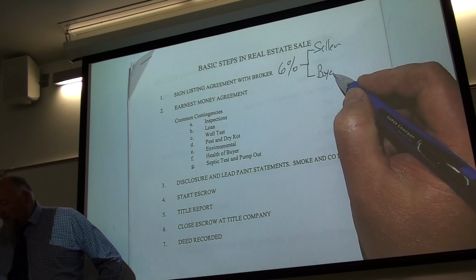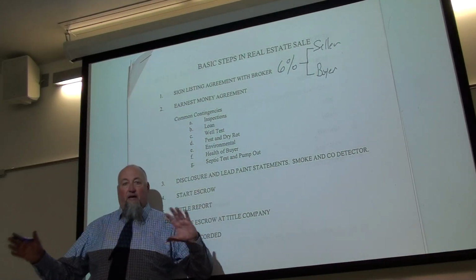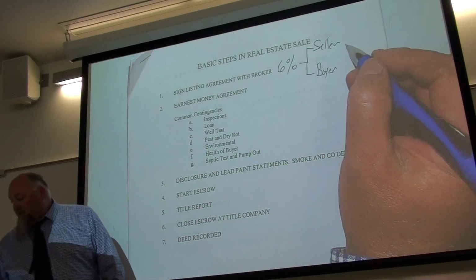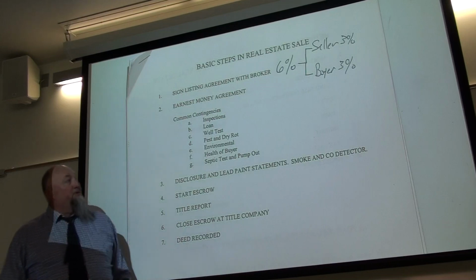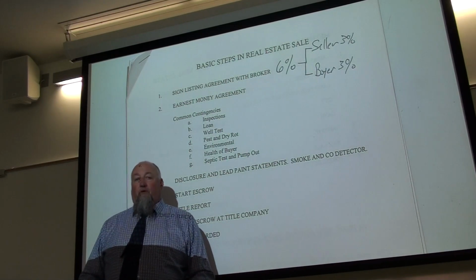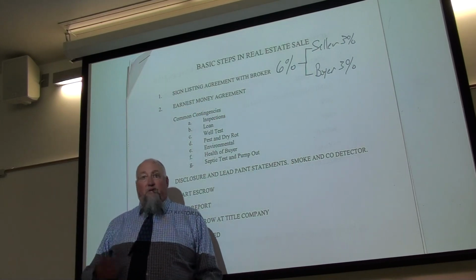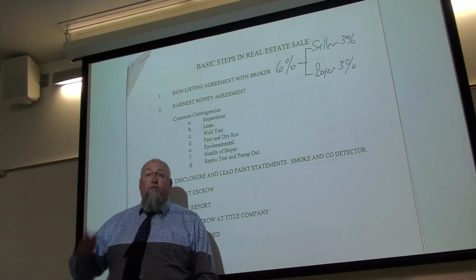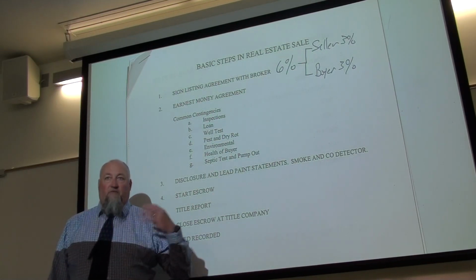So if they both have a real estate agent involved, both sides, the buyer and the seller, basically split that, so each of them is paid a 3% commission from the sale. So if you're selling a $100,000 property, that would be $6,000 in commission, $12,000 for a $200,000, $18,000 for a $300,000 property, etc.